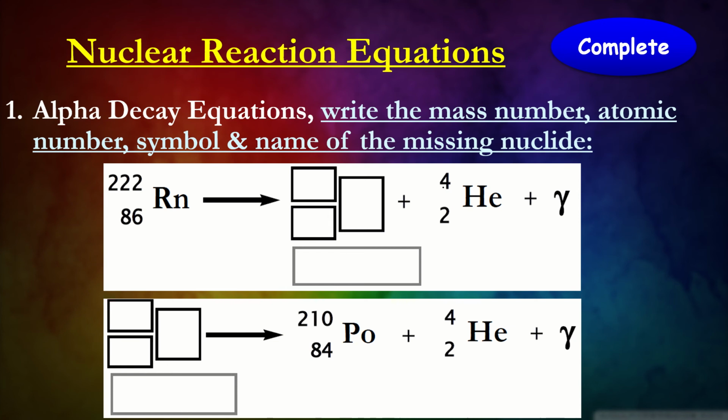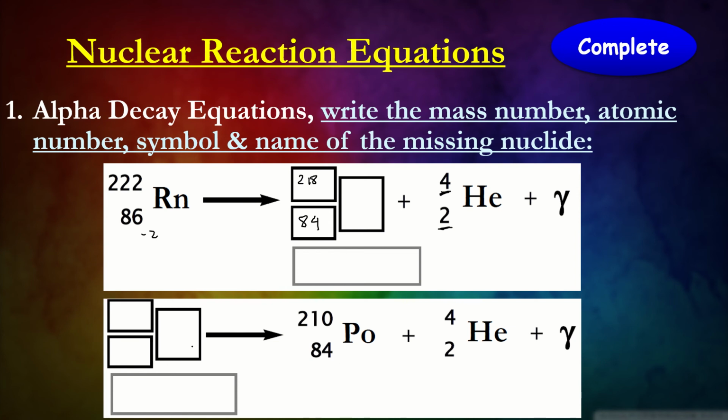So we've released a helium atom, so that's a mass number of 4. So the new mass number we have for this new isotope is 218, and then the atomic number is 2 being released, so subtract that from 86, and so the element we have should have atomic number of 82.